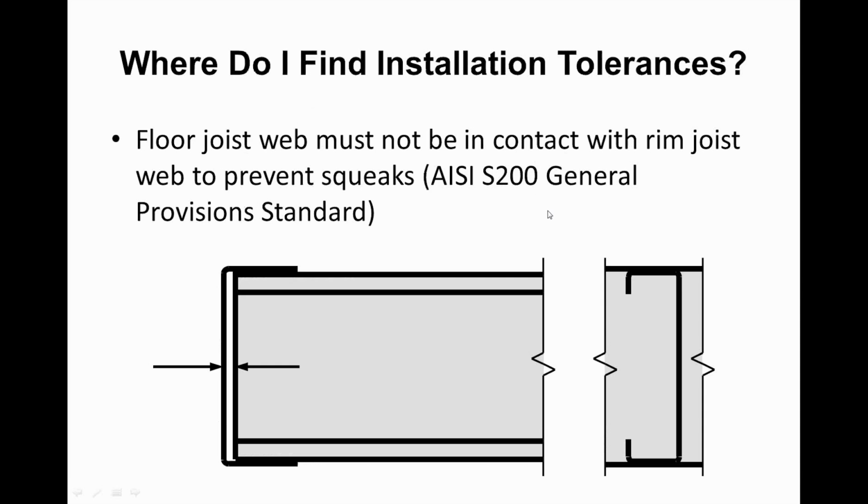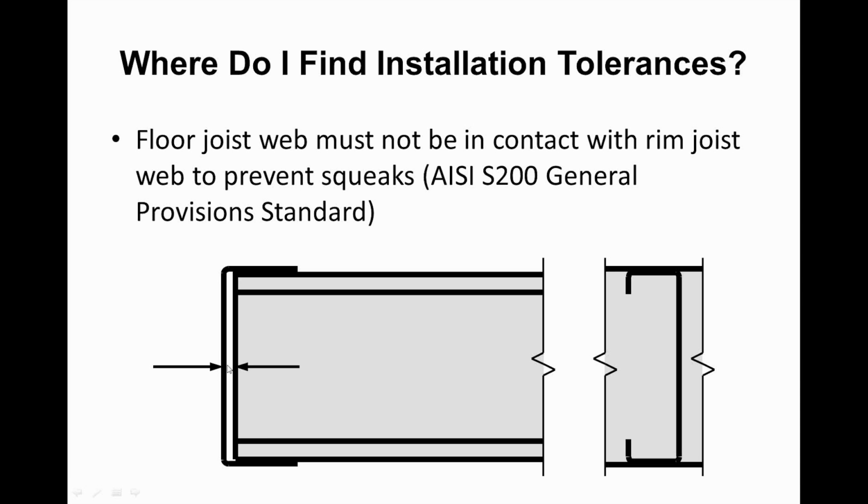Installation. We know that S100 has no installation requirements. However, the S200 series does. For example, AISI S200, which is my General Provisions standard, has a tolerance limitation on installation of my floor joist into my rim track. What this provision tells me is I need to have a gap. It doesn't stipulate what that size needs to be.